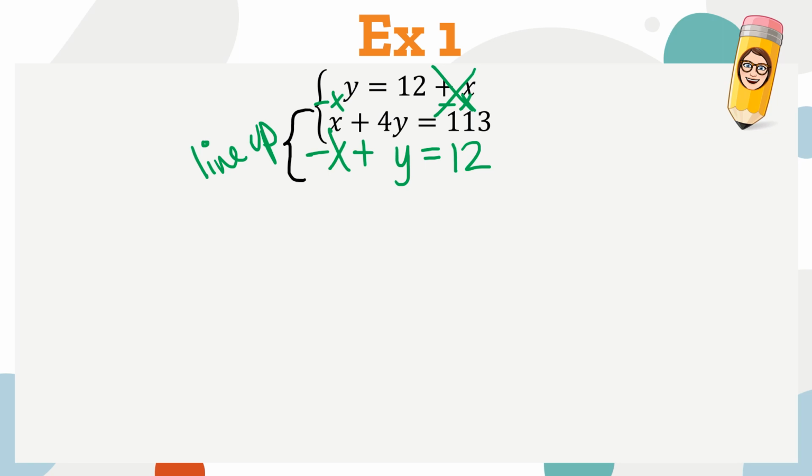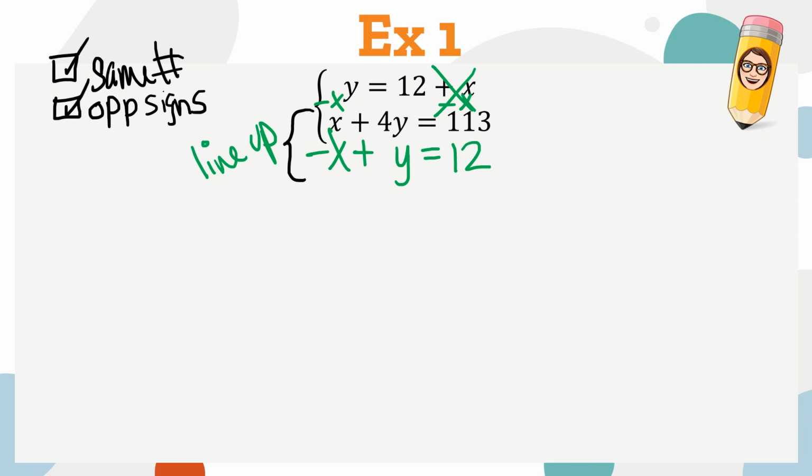Now I can refer back to our previous lessons. We now need to choose a variable to eliminate. We need to make sure we have the same number, and we need to make sure we have opposite signs. So let's take a look. The x's are the same number, yep, and they're already opposite signs. Perfect. So we are going to jump straight into old school addition, as I like to call it.